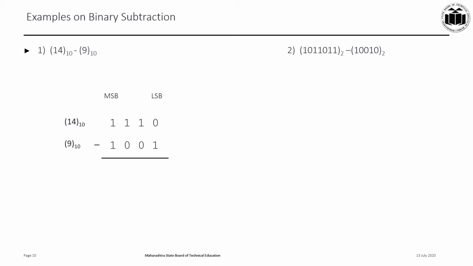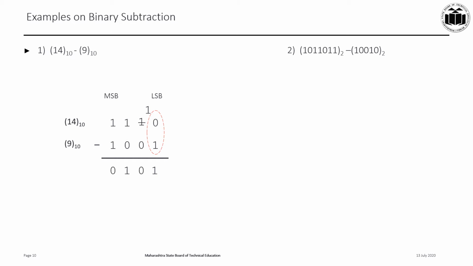Now for the subtraction, recollect the rules of binary subtraction. Let us start from the LSB column. 0 minus 1 means the difference will be 1 and a borrow has to be taken from the next higher order column. So it becomes 10 minus 1 and the difference will remain 1. In the next column, you can see 1 is struck out, so it will become a 0.